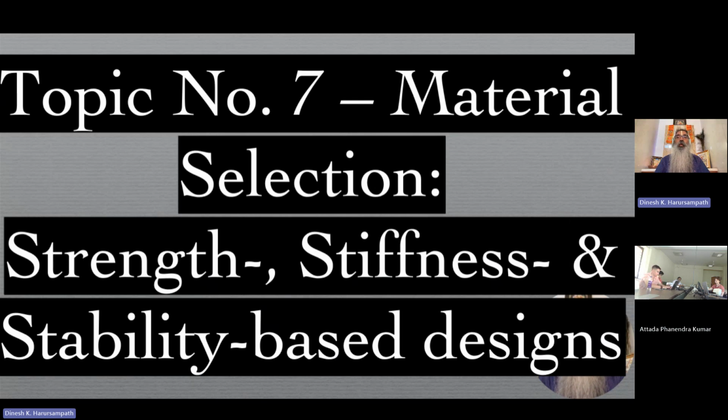Many times there are other members subjected to compressive loads as well, like the stringers on the top portion of the wing, and those should not buckle. So we need to ensure that through a stability-based design. So these are the three categories, and we will look at them one by one.